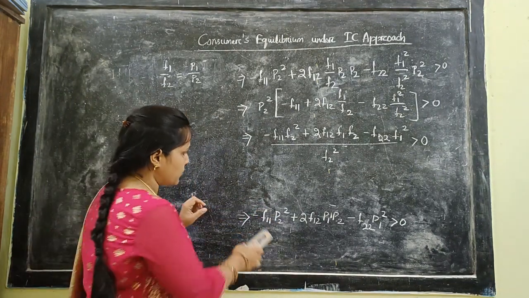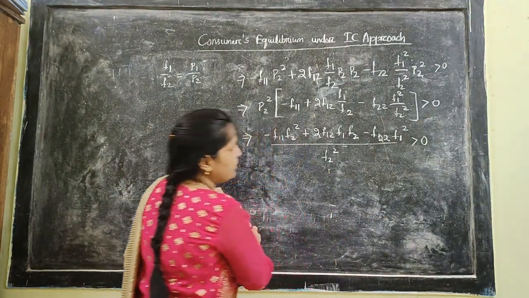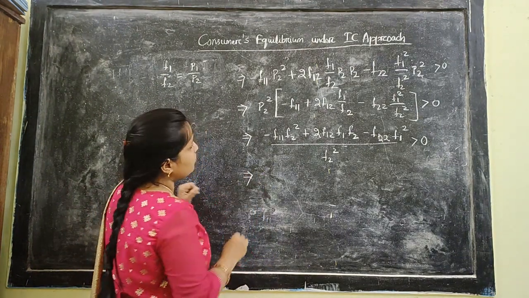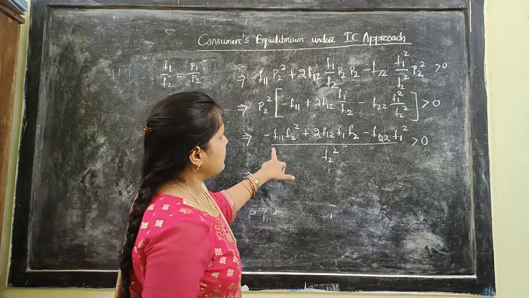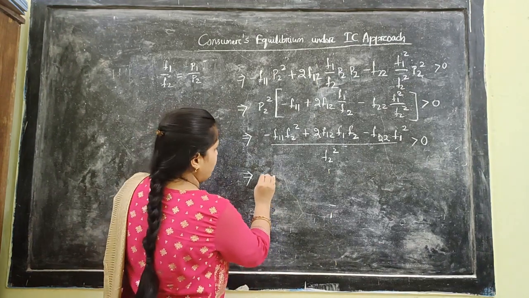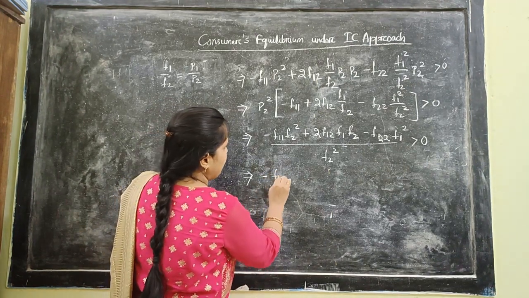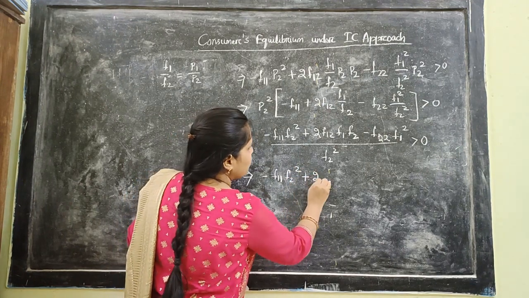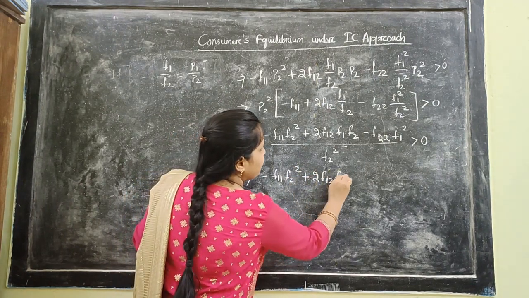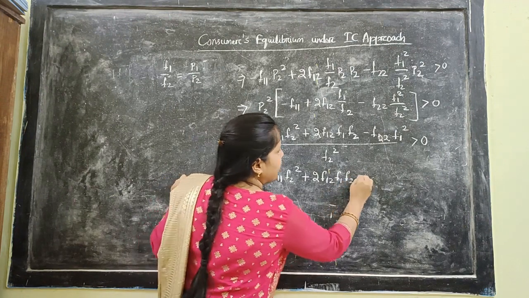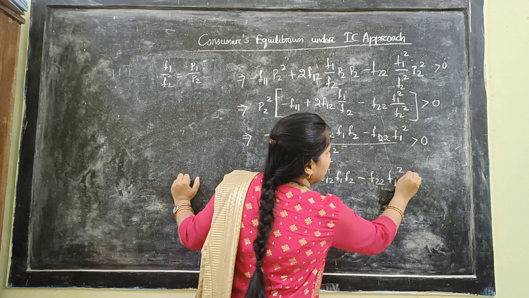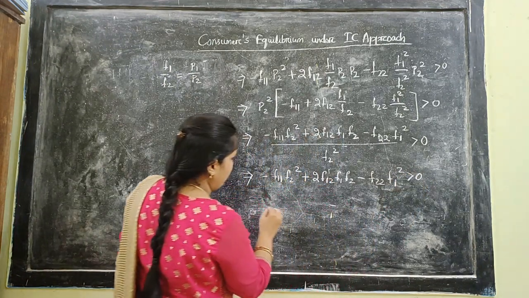Now let me erase this equation. What this implies is minus F11 F2 square plus 2F12 F1 F2 minus F22 F1 square is greater than 0.